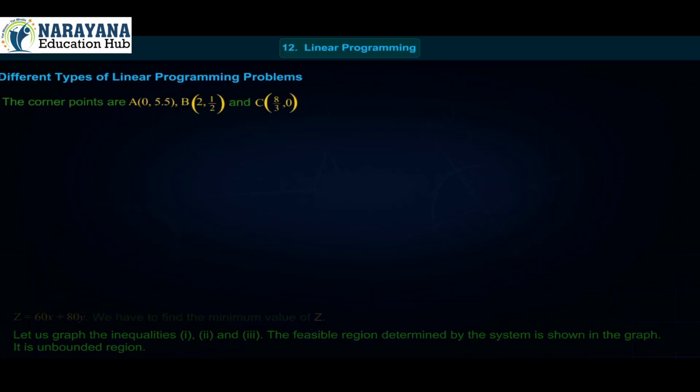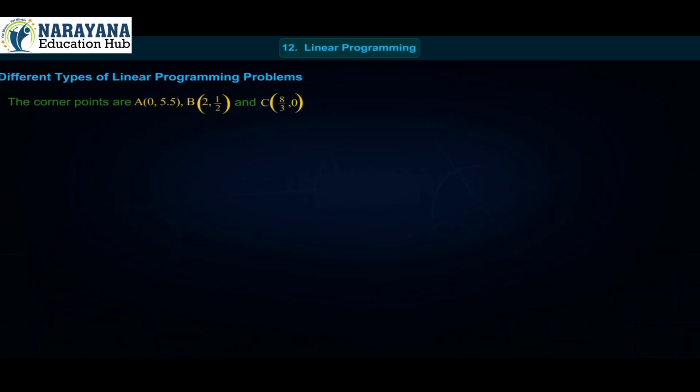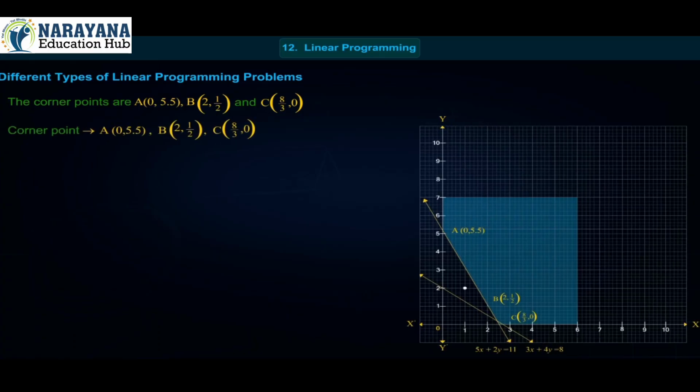The feasible region determined by the system is shown in the graph. It is an unbounded region. The corner points are A (0, 5.5), B (2, 1 upon 2) and C (8 upon 3, 0).